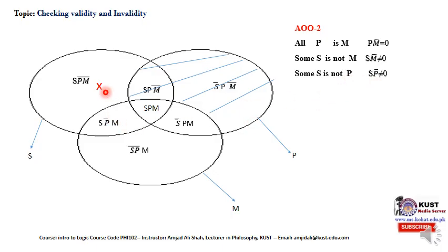In a particular proposition, if x is present in either of the clauses, it is considered valid. But in a universal proposition, if this were shaded and this unshaded, we would consider it invalid. In particular, it is not the case. If x is present in one of the clauses, it is still considered valid. So our argument is valid.